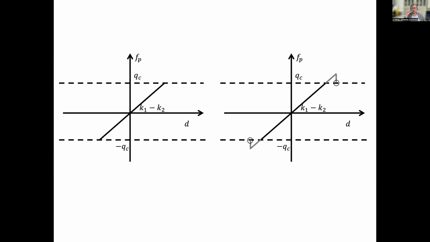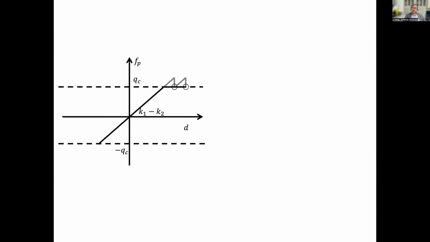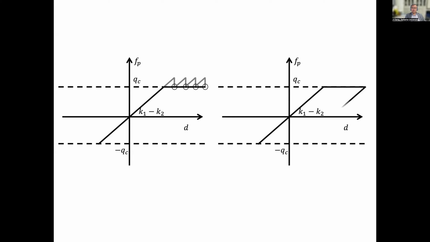When it's smaller than minus QC, make it equal to minus QC. That will be fine. By doing so, we can calculate step by step. We don't tell whether you are in the plastic or elastic domain anymore. Every time we just calculate, if larger, put it back, larger, put it back, whatever how many steps.